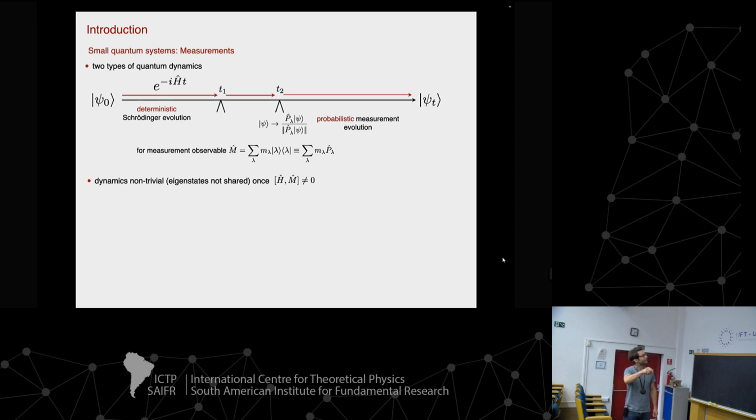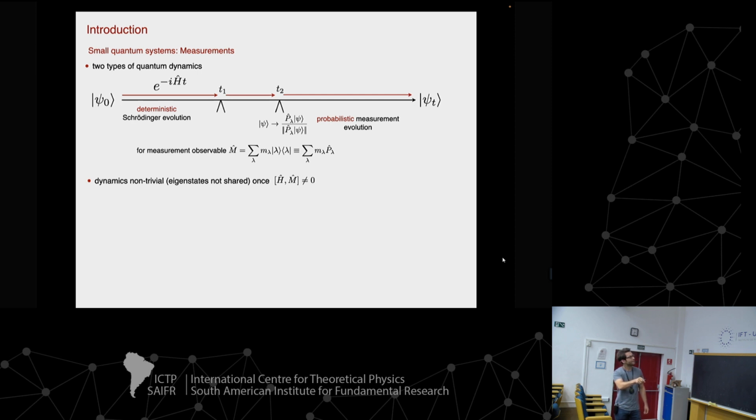process. And what happens in a measurement process, it's one of the postulates of quantum mechanics, when you want to measure observable M, represented by a Hermitian operator, which I can spectrally decompose in this way, so write it as a sum of projectors, and the coefficients are the eigenvalues of this operator. Then what happens in the measurement process is that the system suddenly gets projected on one of the eigenstates of this measurement operator.